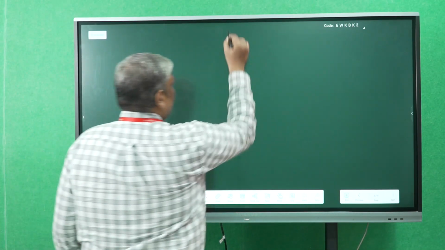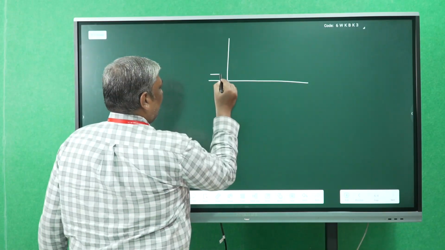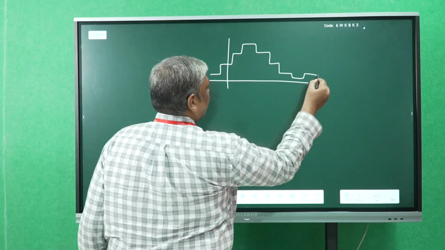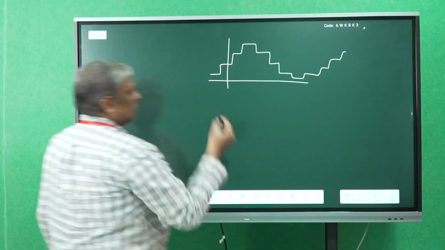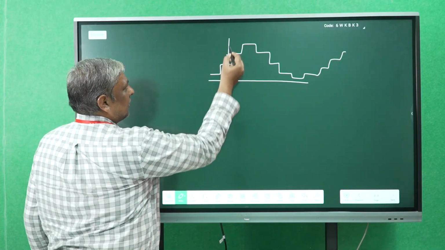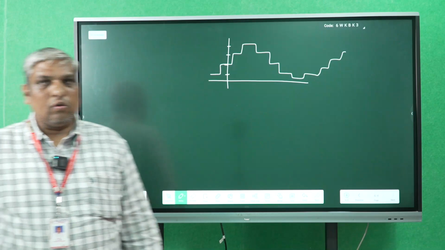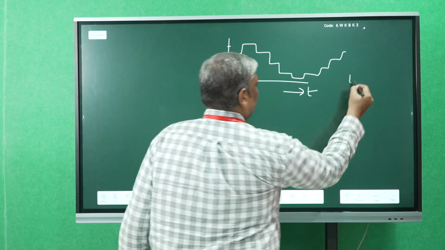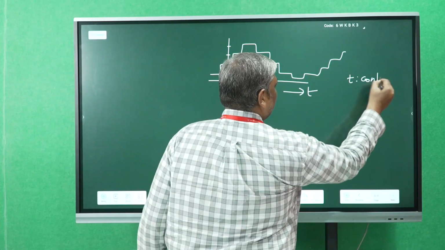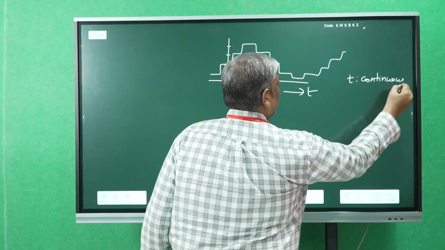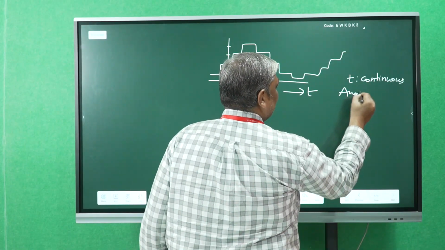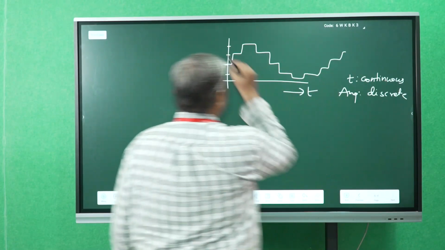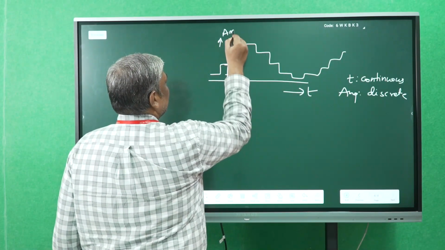For example, I am taking the discretization along the amplitude axis in this way. So I have carried out the discretization along the amplitude axis. Here the time axis is continuous, but the amplitude axis is discrete.